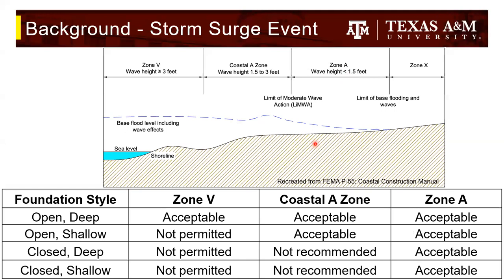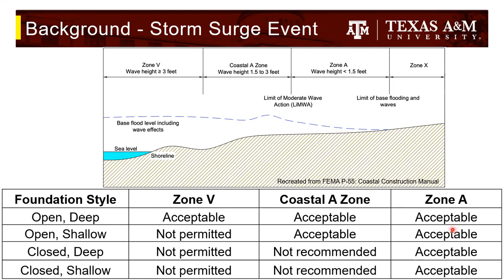And they have suggested different types of foundation, which we saw a couple of slides back. For zone V, open and deep types of foundation systems are mostly acceptable. And as we go to the shallow or the closed foundations, they are generally not permitted in zone V, whereas in zone A, all types of foundation systems are allowed: open deep, open shallow, closed deep, and closed shallow.